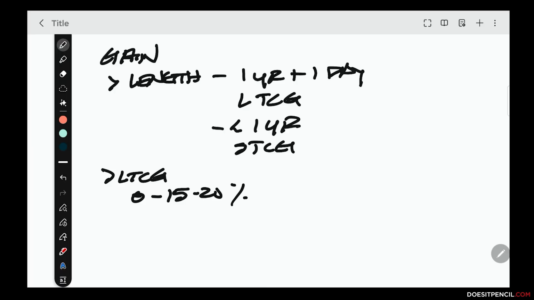Because federal income tax systems are progressive, the more income you make, the higher the rate each subsequent dollar is taxed at. But what happens with this 0, 15, or 20 business is that these are tiers. If you're in the 15% bracket, the gain portion of your income that year is only going to be taxed at 15%.